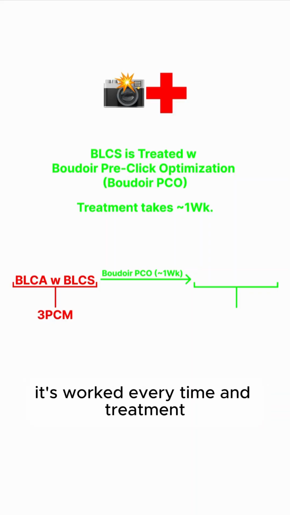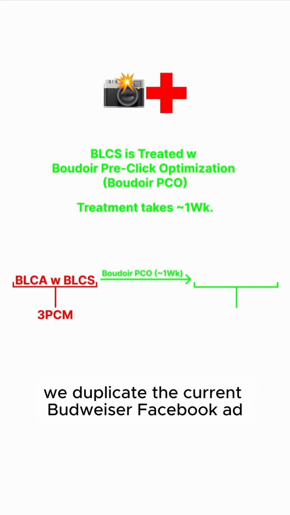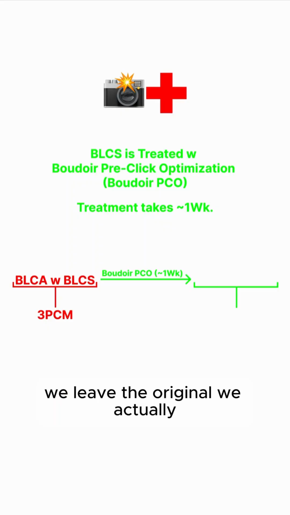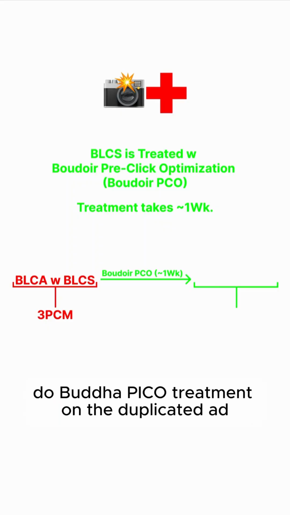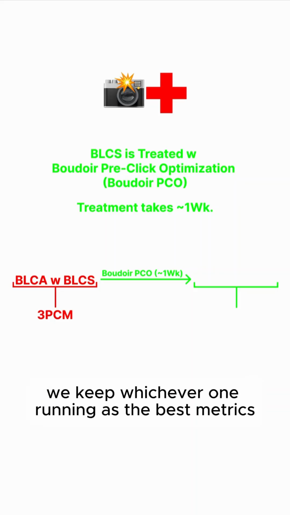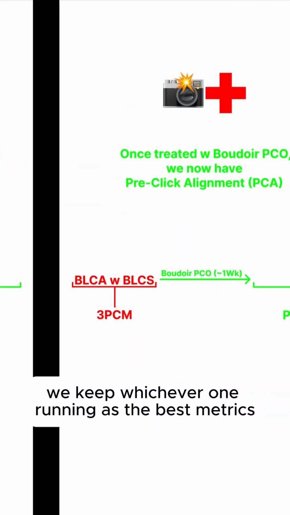It's worked every time. The way treatment works is we duplicate the current Boudoir Facebook ad, leave the original, and do Boudoir Pico treatment on the duplicated ad, which takes about a week. At the end, we keep whichever one is running the best metrics.